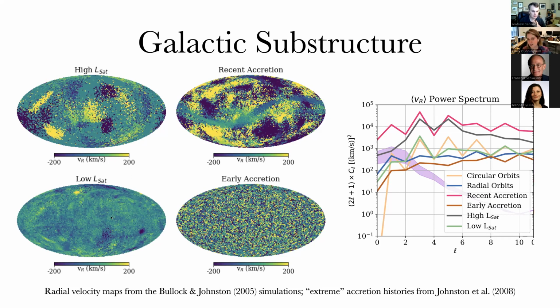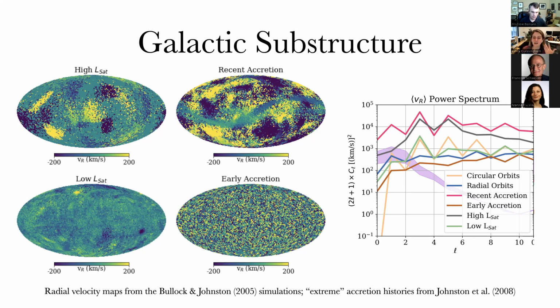Similarly, you can create a halo that is only comprised of super recent accretion events and only comprised of really early accretion events. These are the 2 maps here in the center. And you can immediately see by eye that you do get fairly large scale features in this high luminosity map and this halo that's comprised of recent accretion events.